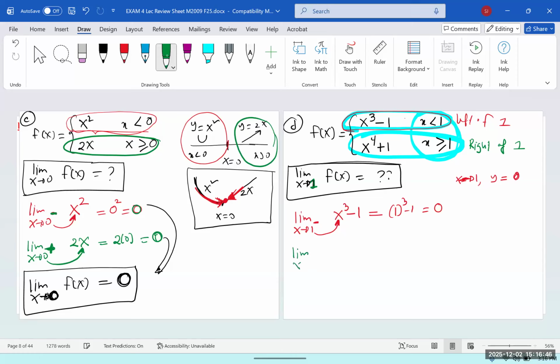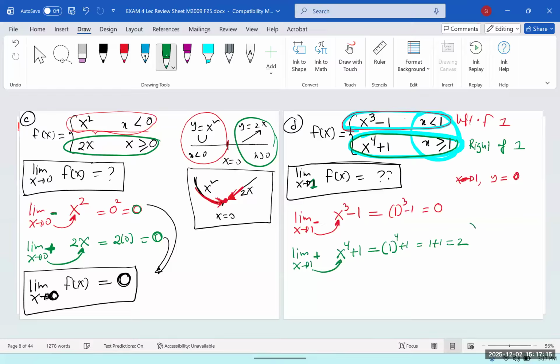Then you look at the right limit. Limit as x goes to 1 from the right side. The right side of 1 is the second function, the lower function. So you take this lower function and substitute this 1 into the function to look at the y value. So you get 1 to the 4 plus 1, which is 1 plus 1, which is 2.